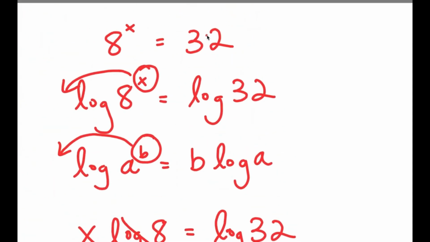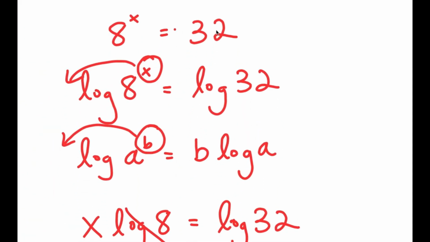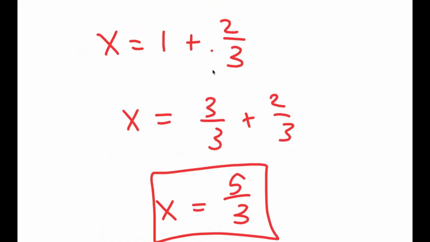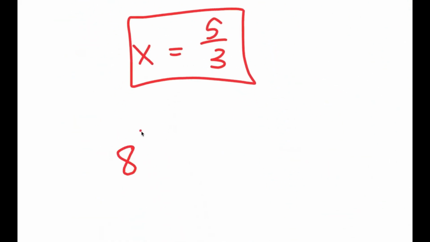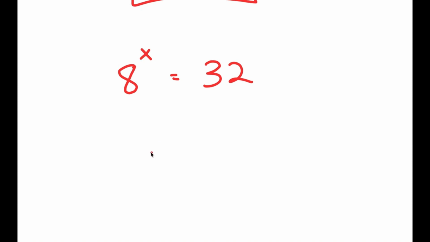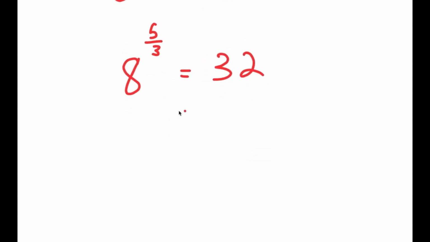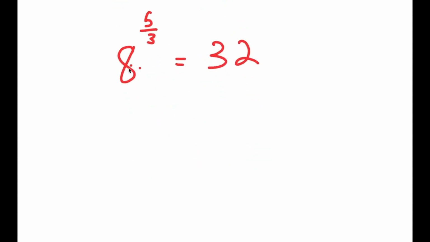So, going back, we have 8 to the power of x equals 32, and we're plugging in 5 over 3. So we get 8 to the power of 5 over 3 is equal to 32. Now, 8 is the same thing as 2 to the power of 3.